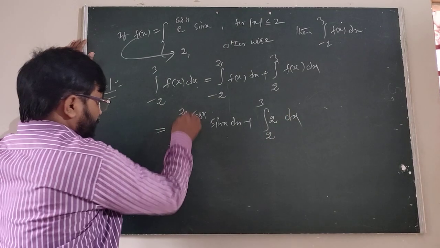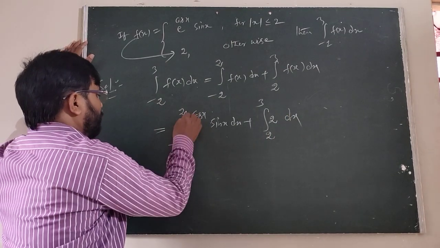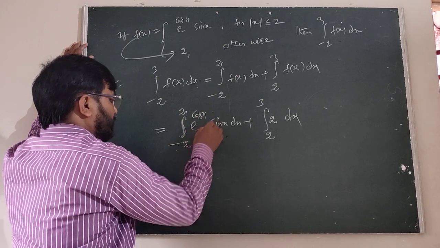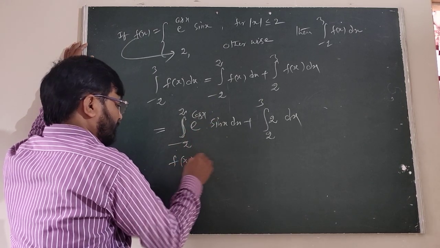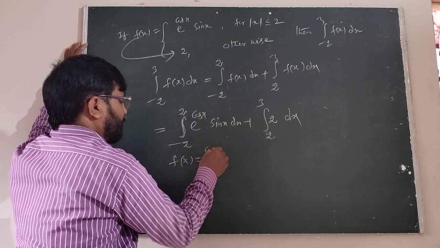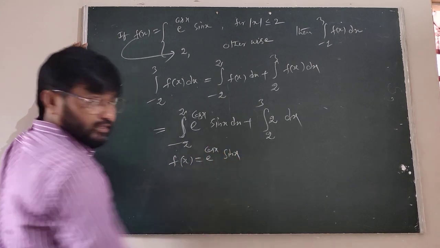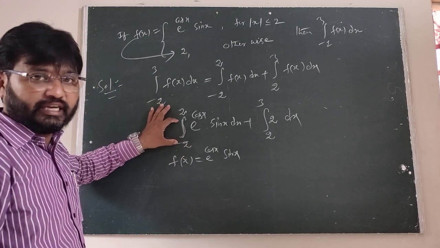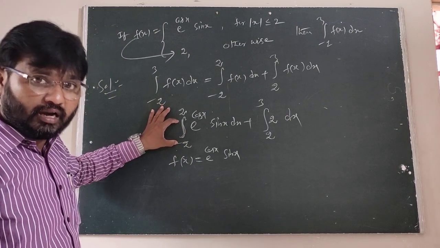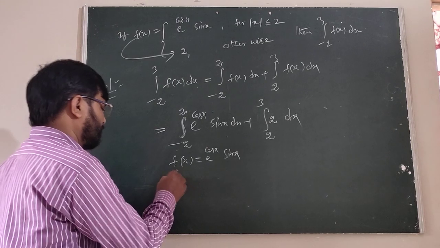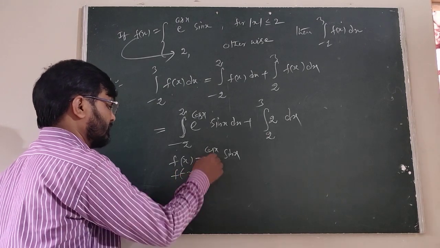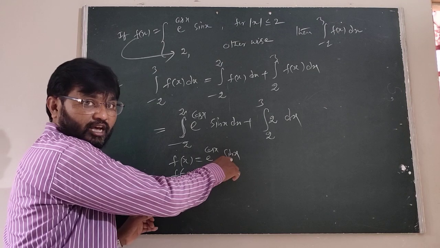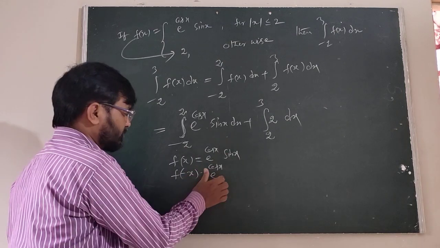When the limits are symmetric, we can verify whether it is even or odd. Taking f of x equal to e power cos x into sin x, put x equal to minus x. Then e power cos of minus x is e power cos x, and sin of minus x is minus of sin x.